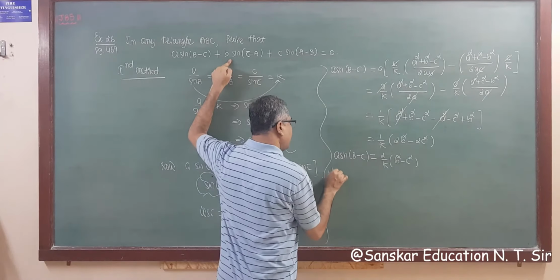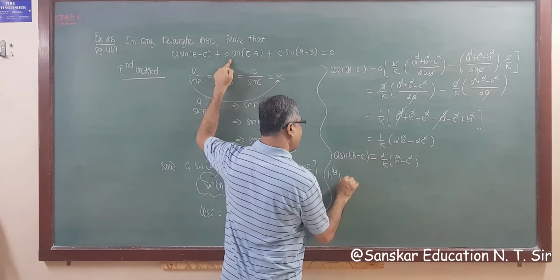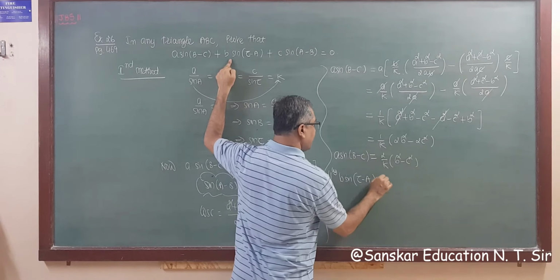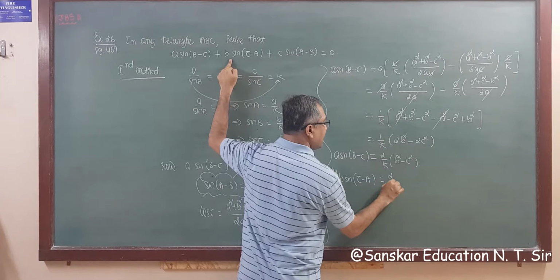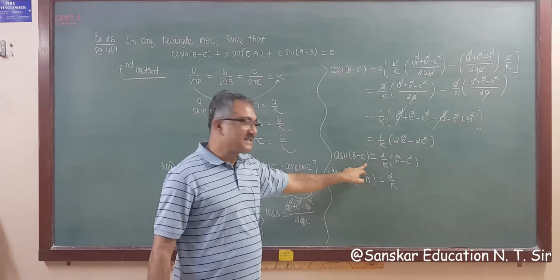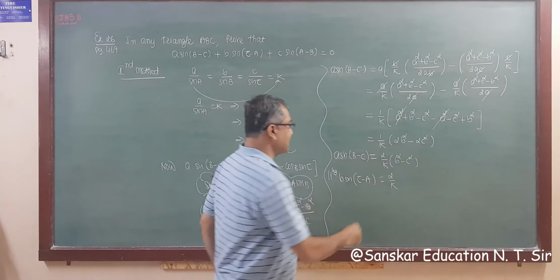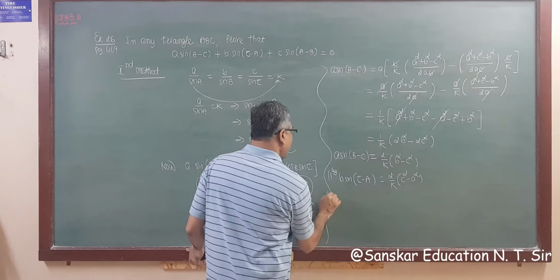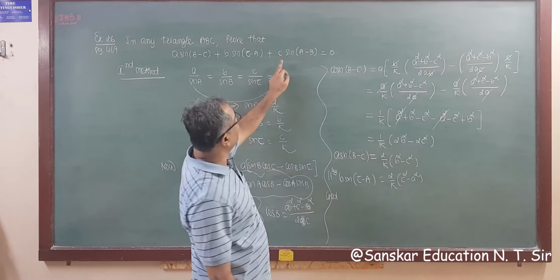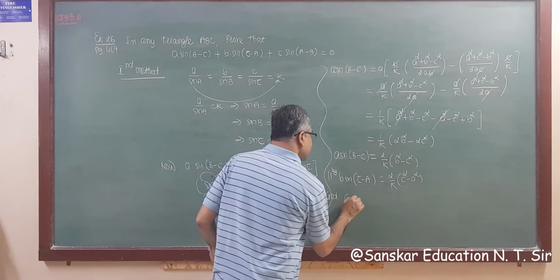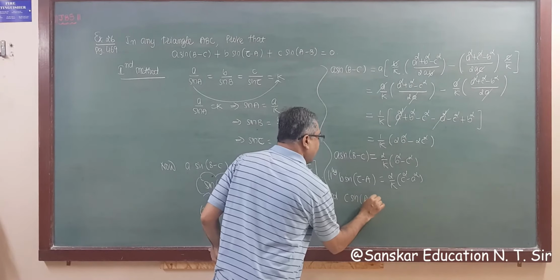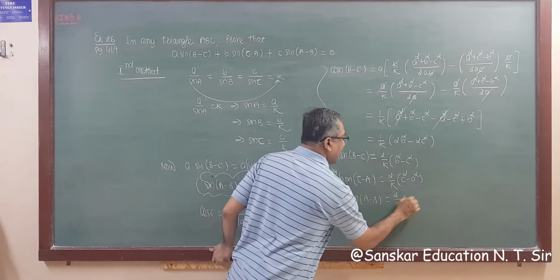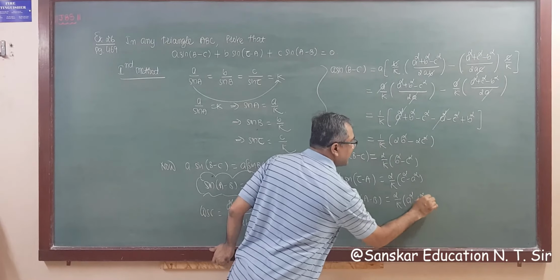B sin C minus A is equal to 2 upon K, K is constant, times C square minus A square, and the third one, C sin A minus B, is equal to 2 upon K times A square minus B square.